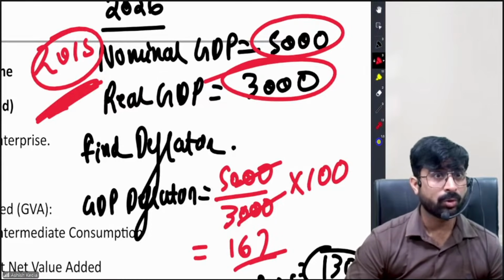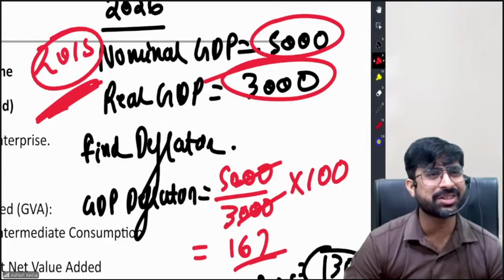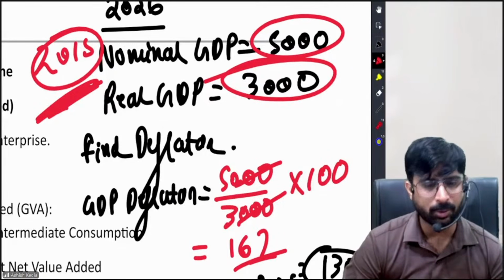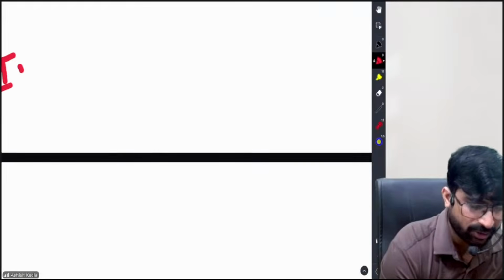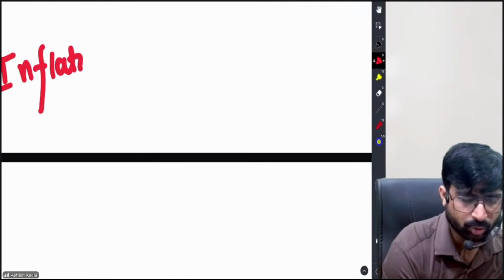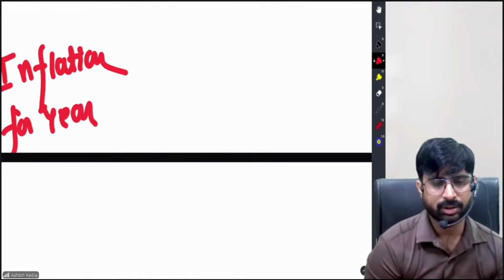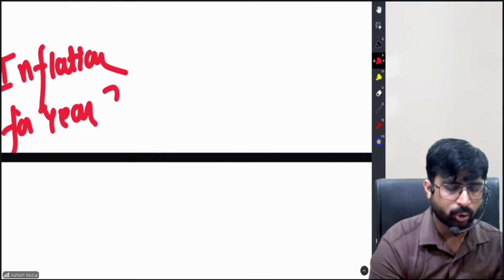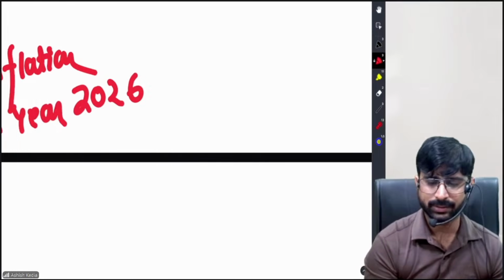Do you know, friends, inflation is computed using the GDP deflator? You want to know how? Definitely, sir. Write down inflation for year 2026. Suppose 2026 is just for example, okay?